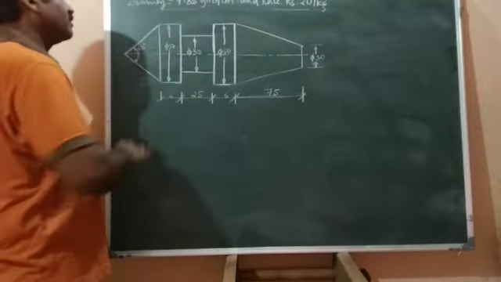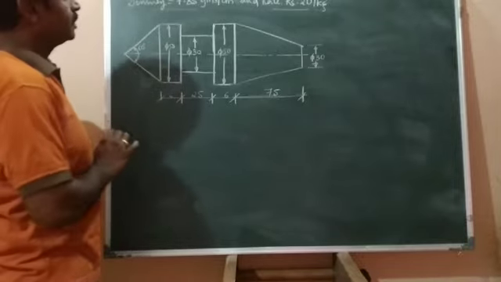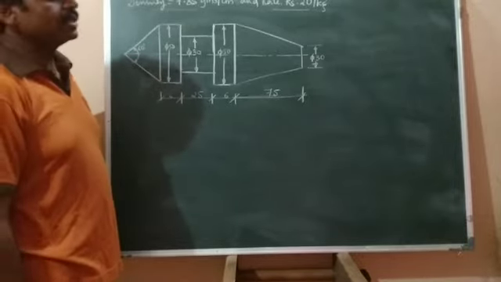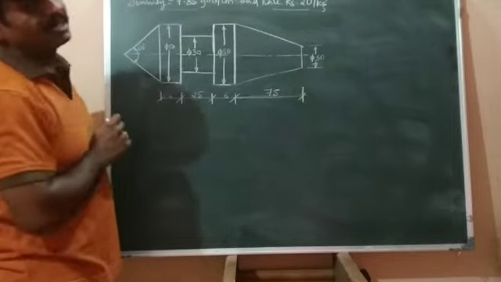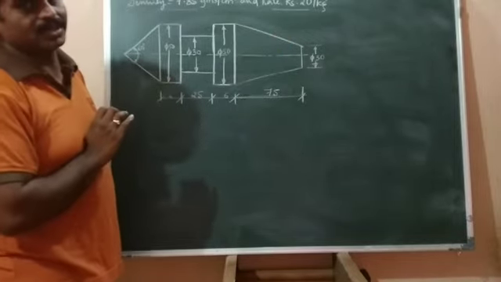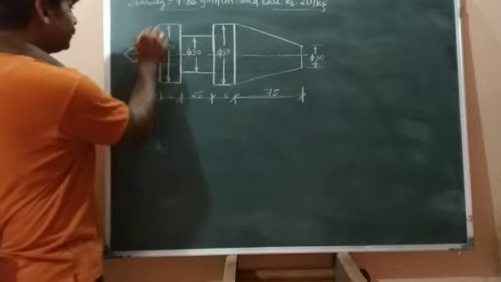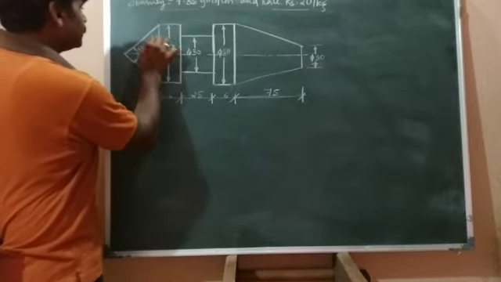Okay, according to the procedure, the first step is we need to break up the given object into simple geometrical parts. Okay, so let me consider this one as a first part.